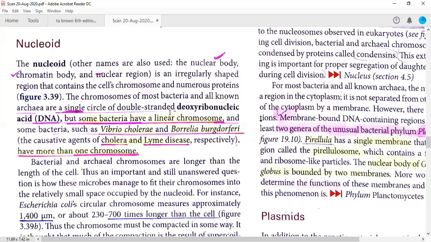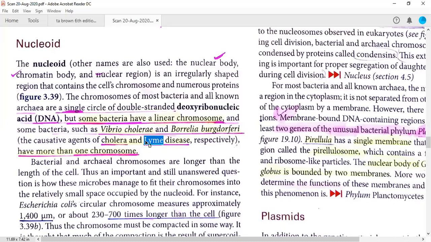This is a double-stranded DNA, can be linear or circular, generally circular, but in some cases it is linear also. For example, in Vibrio cholerae and Borrelia burgdorferi. You need to remember the two because both are pathogens in humans. Vibrio cholerae causes cholera in humans, whereas Borrelia burgdorferi is the causative agent of Lyme disease.